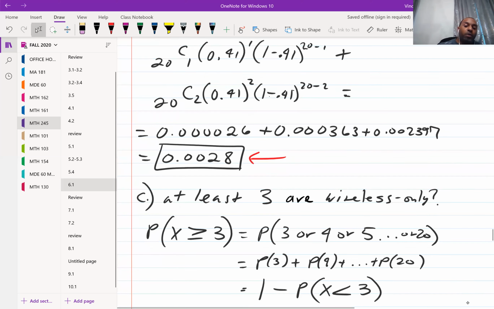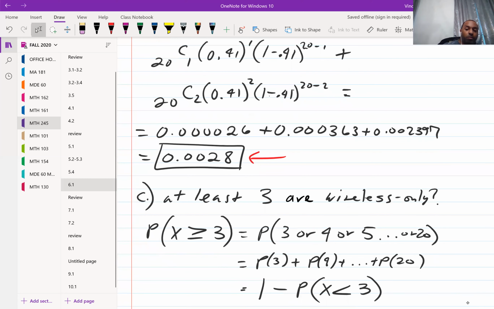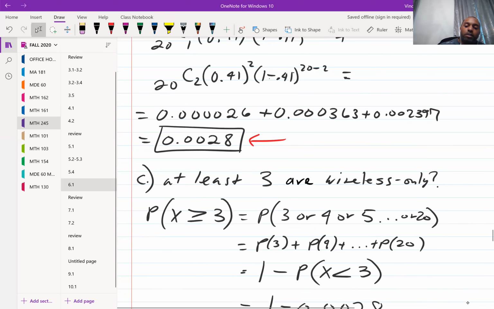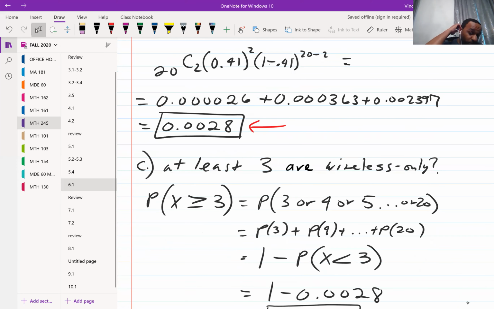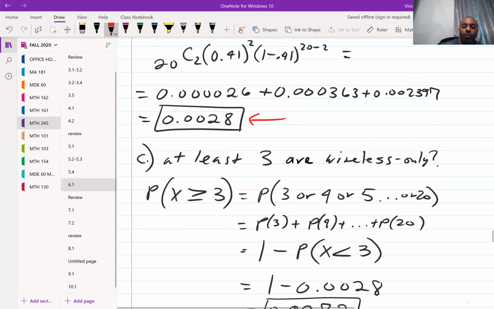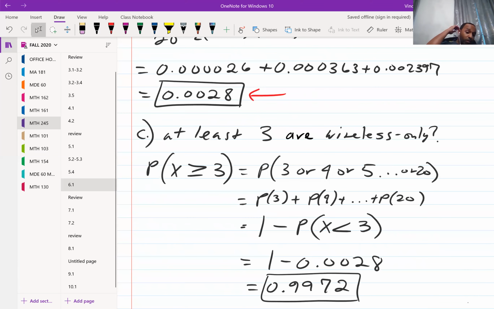If we know the probability of 0, 1, and 2, which we just found at 0.0028, we can subtract it, because remember, the complement is everything else. We wanted 3 up to 20, so I subtract 0.0028 from 1, and that probability will be 0.9972.